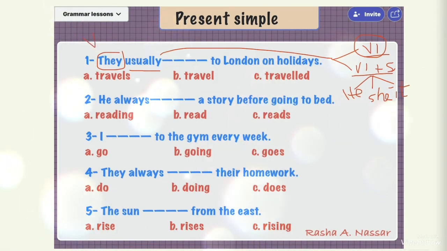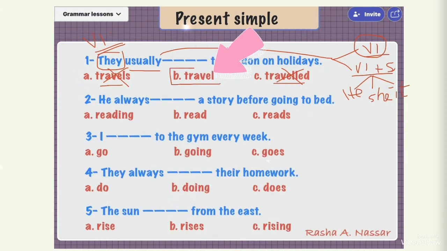The verb V1 without S. Where is the V1 without S? Travels? No, V1 plus S. Traveled? No, it's not V1. Travel. The correct answer is travel. Why? Because this is V1. I have usually and I have they. So they takes only V1 without S.